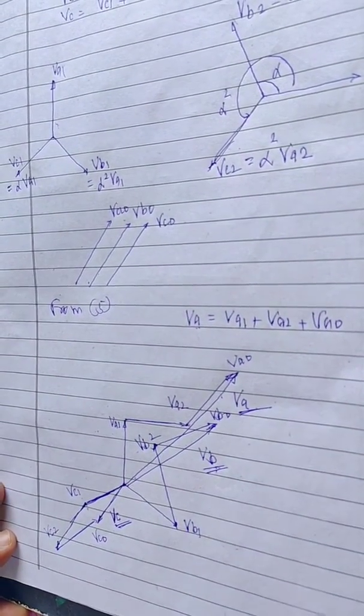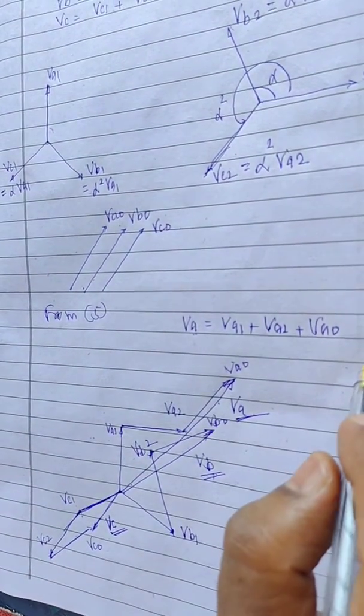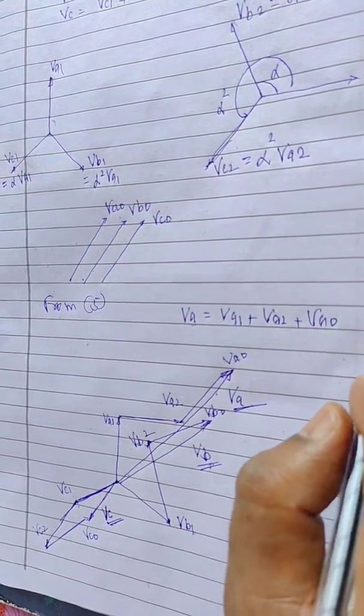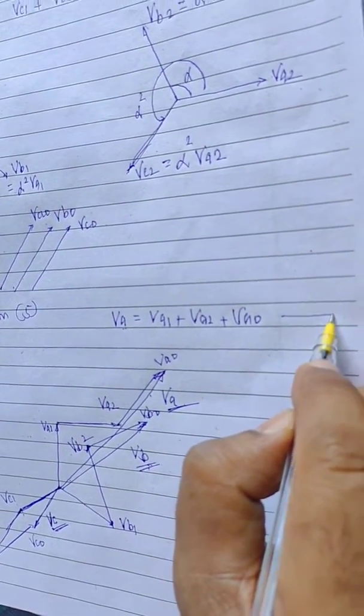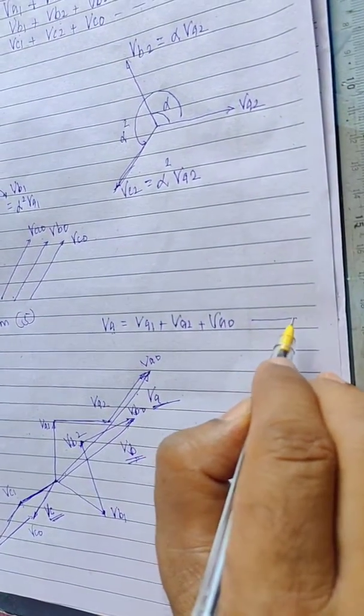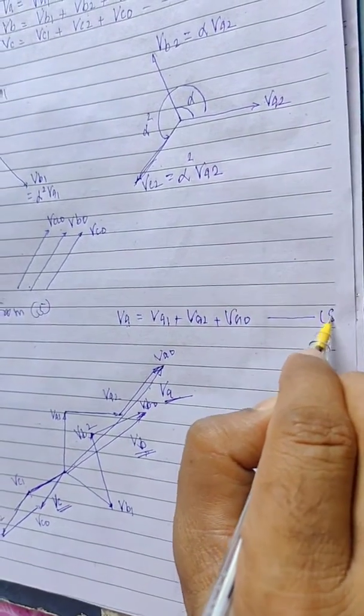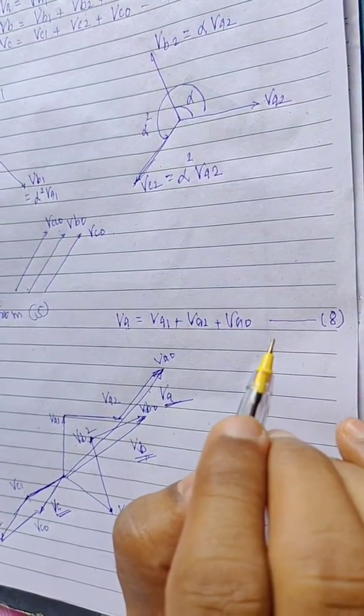Now, the equation for phase A we have already written: VA is equal to VA1 plus VA2 plus VA0, and this is equation 8.